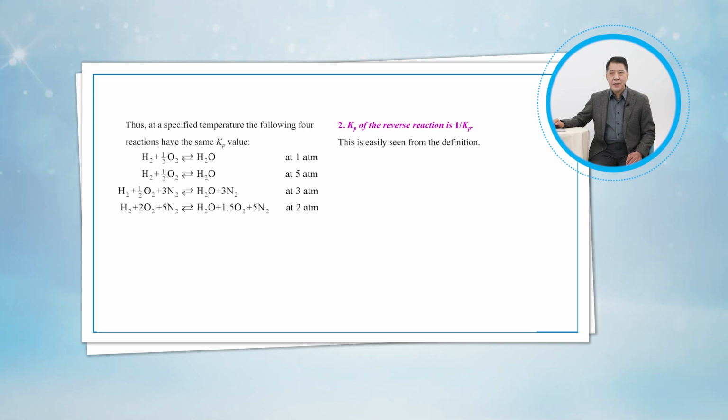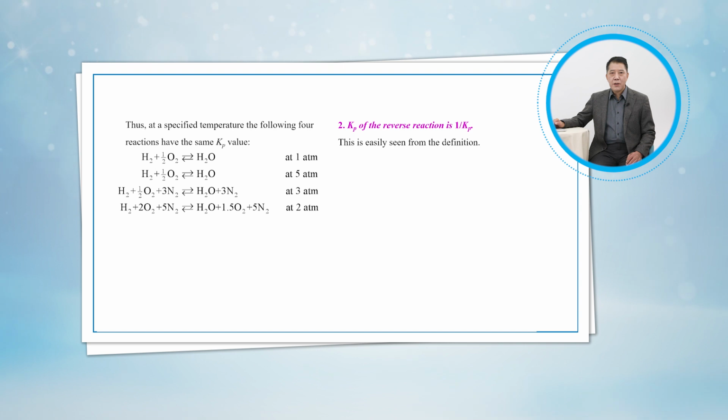Secondly, Kp of the reverse reaction is 1 over Kp. This is easily seen from the definition, equation 1385.